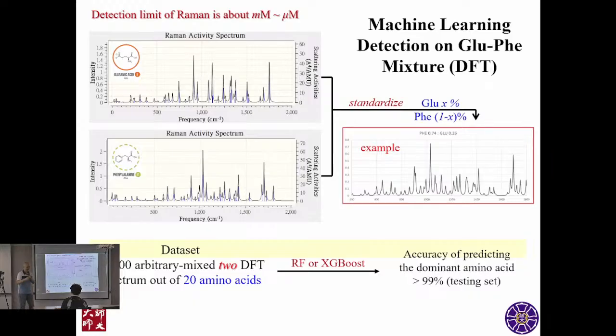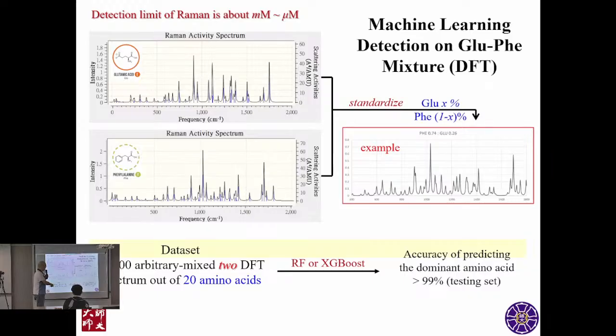From the 20 amino acids, we pick any two, any combination, and do a convolution of these two spectra together to form a new spectrum. That's one of the training set entries. Then we train the random forest and ask which one in this mixed spectrum is the dominant species.